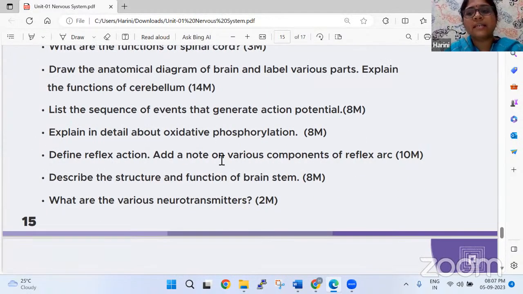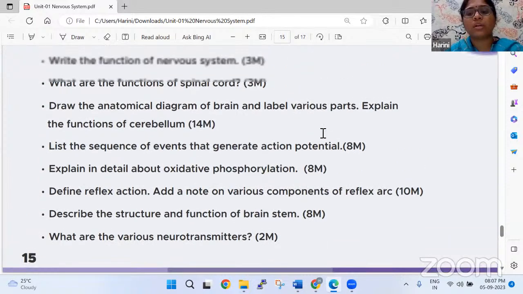Next, list the sequence of events that generate an action potential. Yeah, this is very important: how an action potential is generated, what the various changes are, which ionic channels have opened, which ions change and cause this action potential generation, and how a nerve impulse is transmitted from one neuron to the other through chemical transmission.